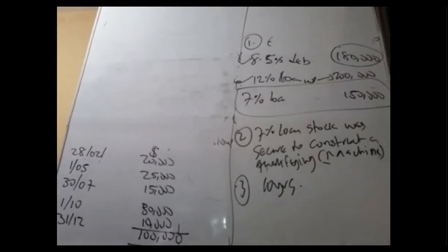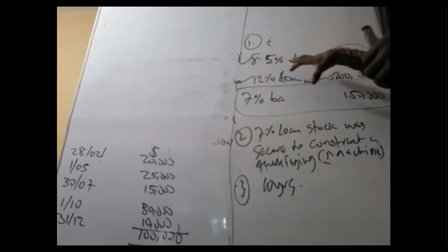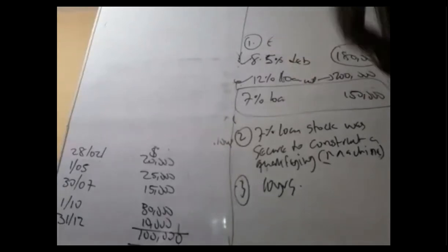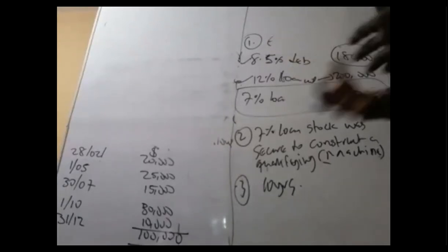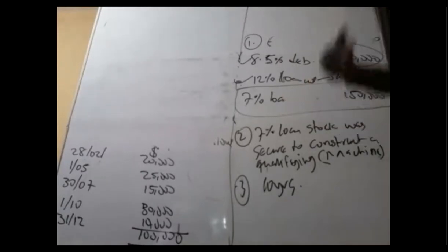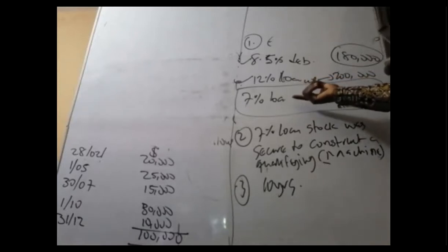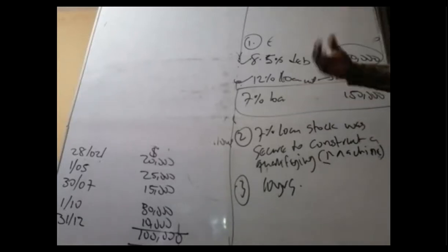So when you are going to take the extract from the balance sheet or the company's debt, consider the debts that are free, not debts that are probably secured to construct another qualifying asset.